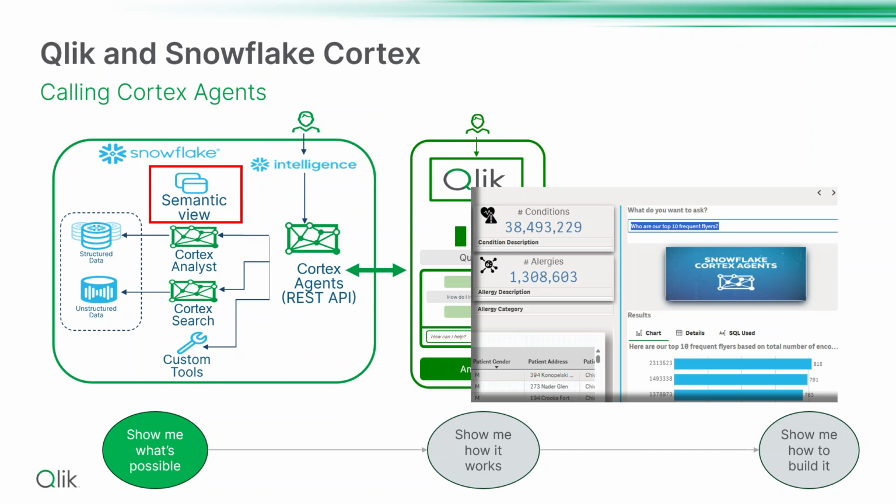So when the user asks, who are our top 10 frequent flyers, behind the scenes Qlik passes along the filters: for the hospital that's selected, the patients taking the medication you selected, the day of the week and the month you selected, etc. That's all added to the question. So they get the answer to the question they ask, assuming those filters, because that's what they assume within the Qlik environment. Everything is responsive to filters throughout our associative model.